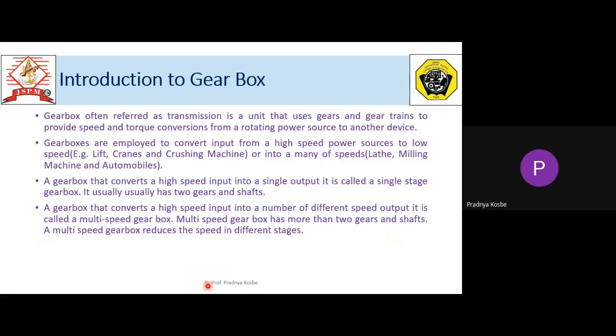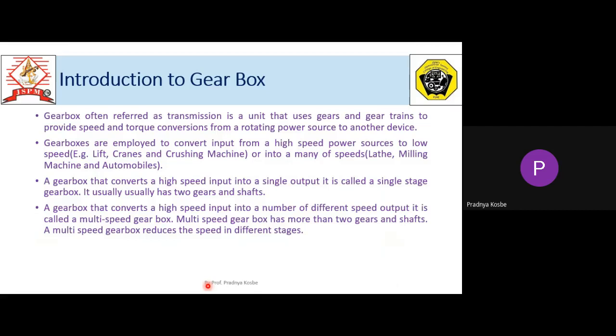Most of the time, gearboxes are known as speed reducers because they convert input high speed power sources to low speed. So in simple words, gearboxes are employed to convert input from a high speed power source to low speed.